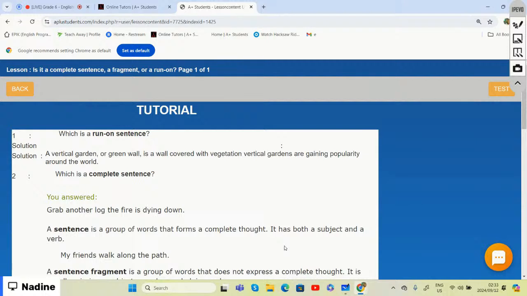A sentence fragment does not express a complete thought. It's either missing a subject, missing a verb, or missing a helping verb. And then we said a run-on sentence is two independent clauses that are joined by either no punctuation or a comma. So that is a brief of sentences, fragments, and run-ons.